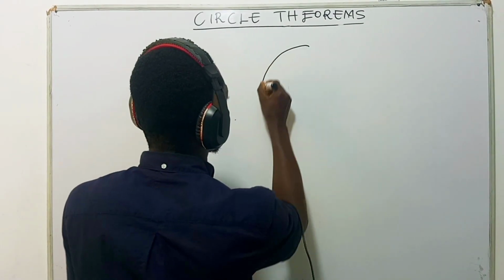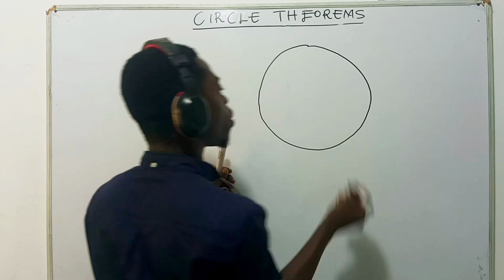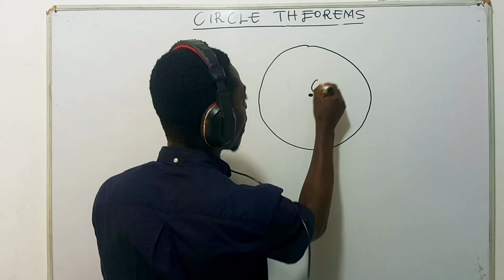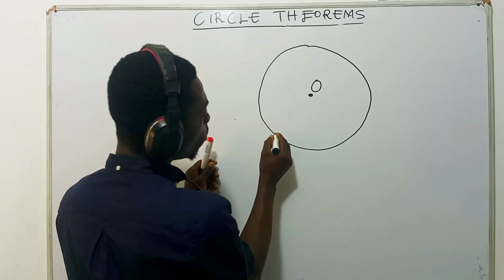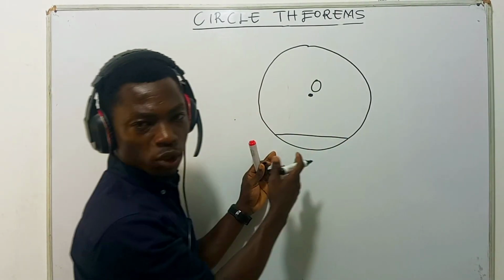Assuming this is our circle, and of course it is not drawn to scale, and this is the center of the circle, let's call it O. Then we have this chord right here. What is this chord doing?